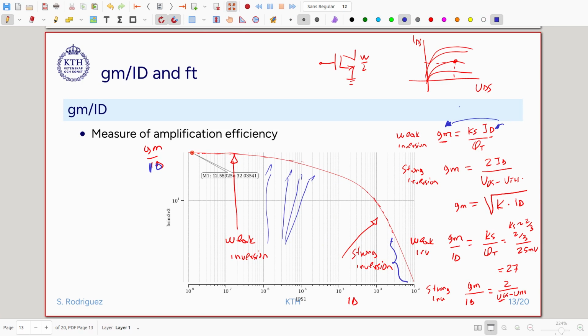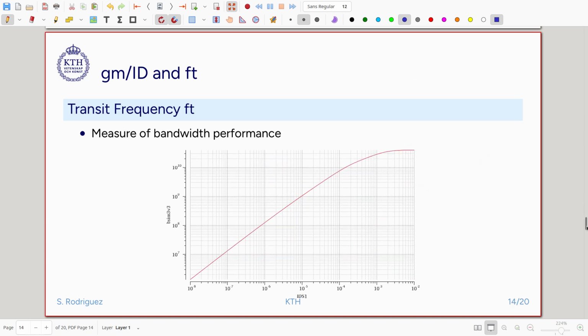Then I have another that is also very important, and it is the transient frequency, fT.